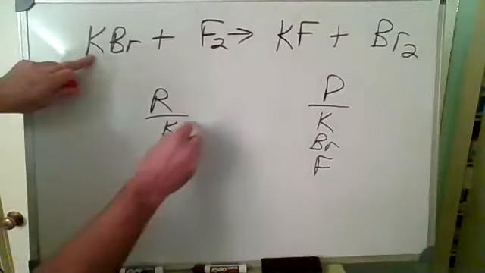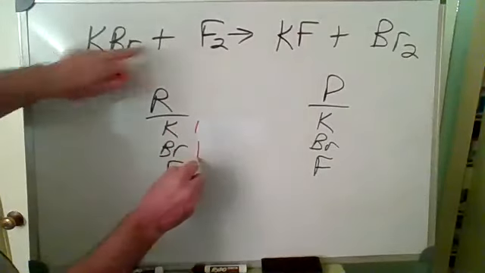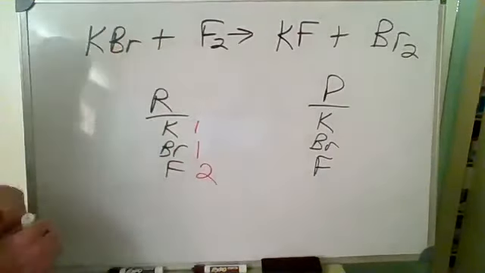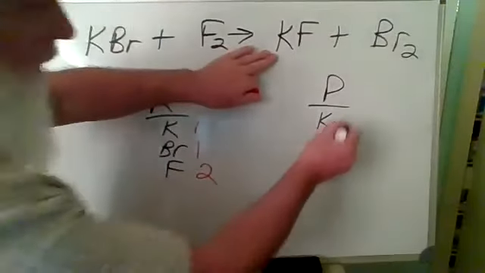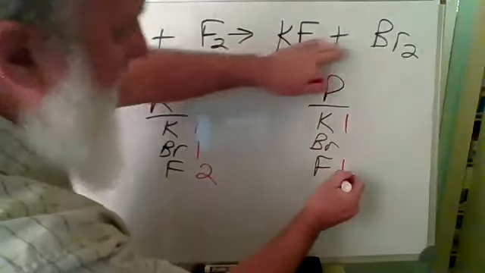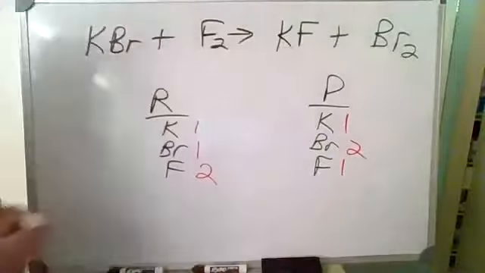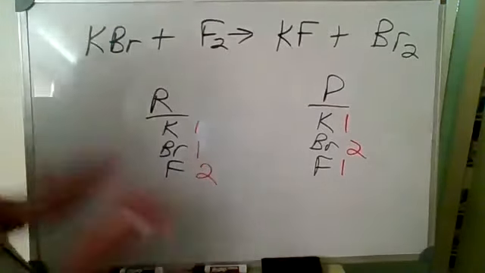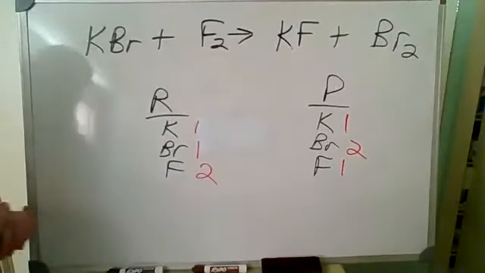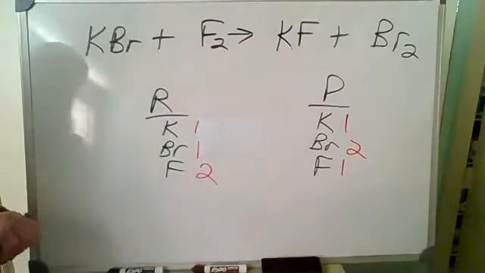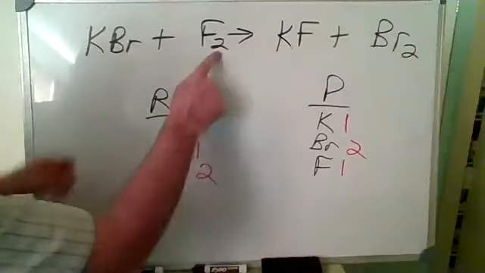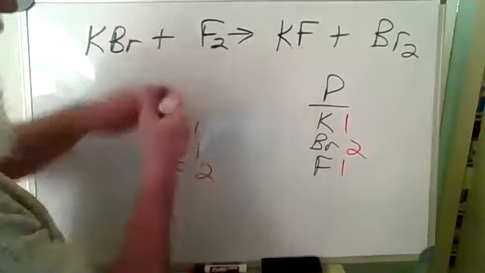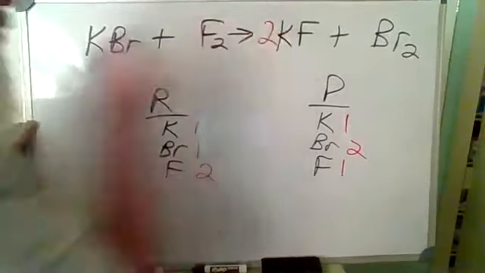Here I see 1 potassium, 1 bromine, and 2 fluorines. Over here I have 1 potassium, 1 fluorine, and 2 bromines. The potassiums are already balanced, so I can do either the fluorine or the bromine. Here I have 2 fluorines, there I have 1. So I'm going to put a 2 there.